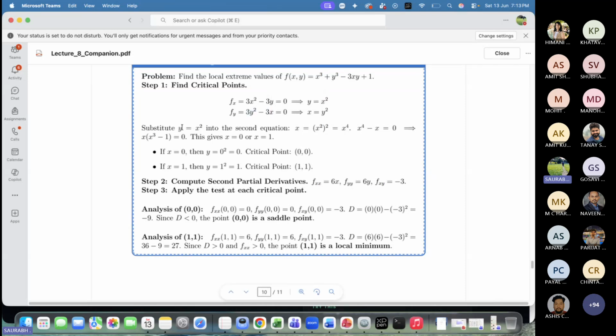I'm just helping you understand that there could be various different ways you could have solved these two equations, but the final destination is you have to get to these points somehow. Whatever method you use, the critical points have to be the same for all of us. The method you use is eventually not important, but the points you get to are important. The critical point has to be correct.